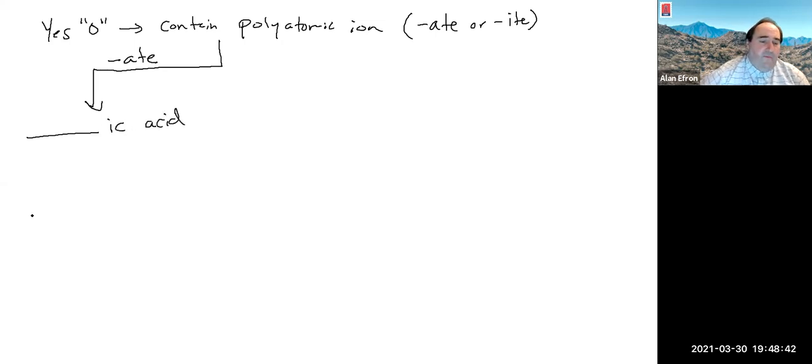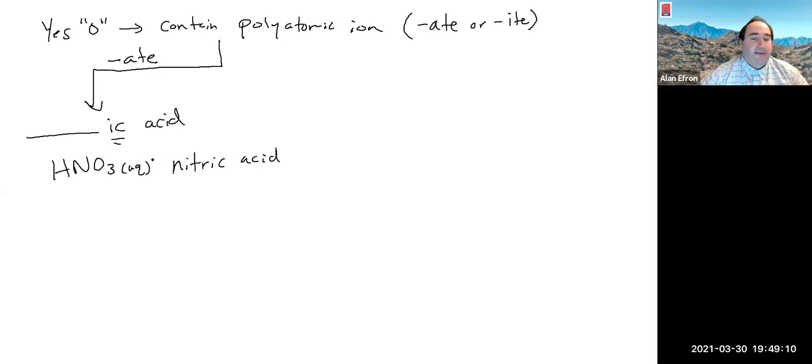If we look at an example like HNO3, also with that aqueous symbol next to it to indicate that it is an acid, we would start with nitrate, ATE, becomes nitric acid. Like you ate too much, you feel icky, is a good way to remember that.